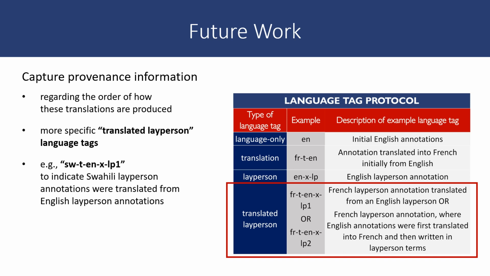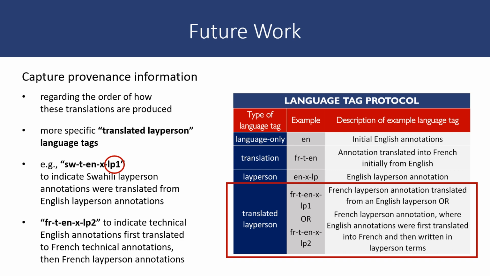For example, we would use the language tag shown here to indicate that the Swahili layperson annotations were translated from English layperson annotations, with the LP1 private use tag indicating that the source was the layperson version of the initial language.